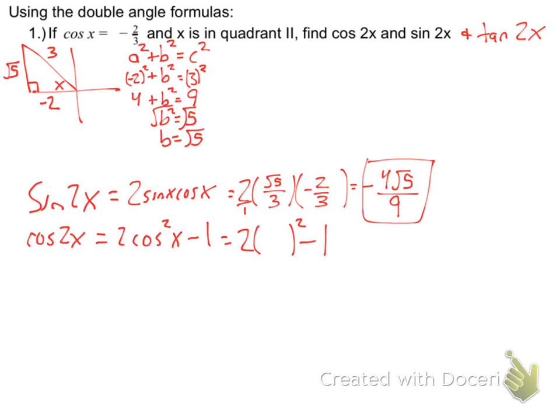What's cosine x? Negative 2 over 3. What comes first? Multiplying by 2 or squaring? Squaring. You square a negative, it becomes positive. And how do you square a fraction?